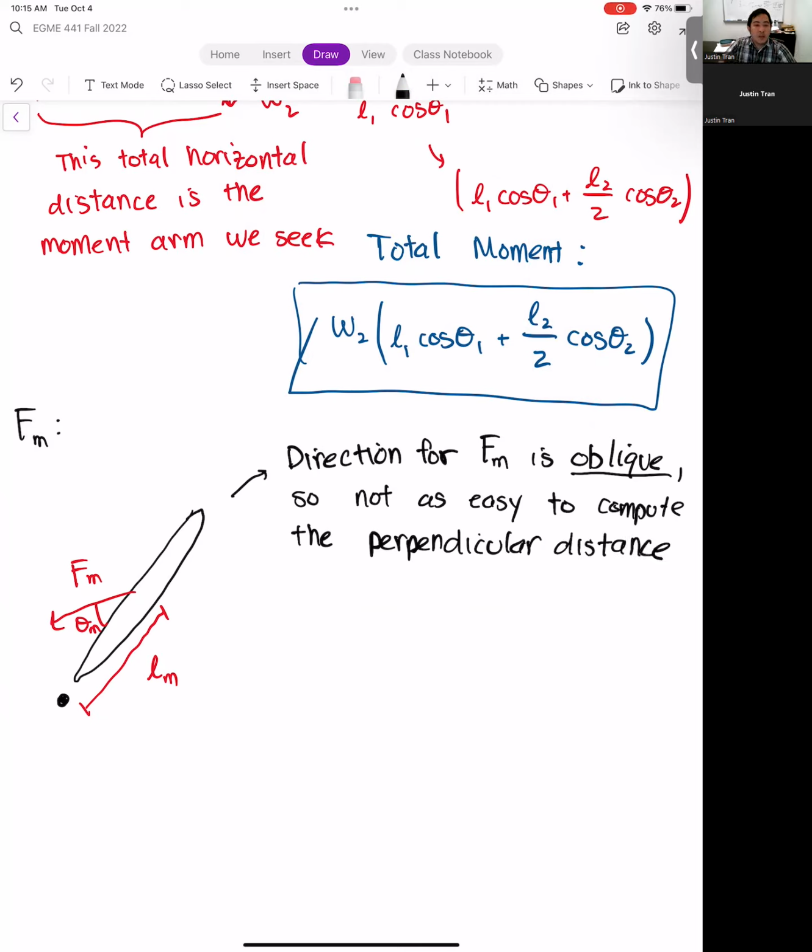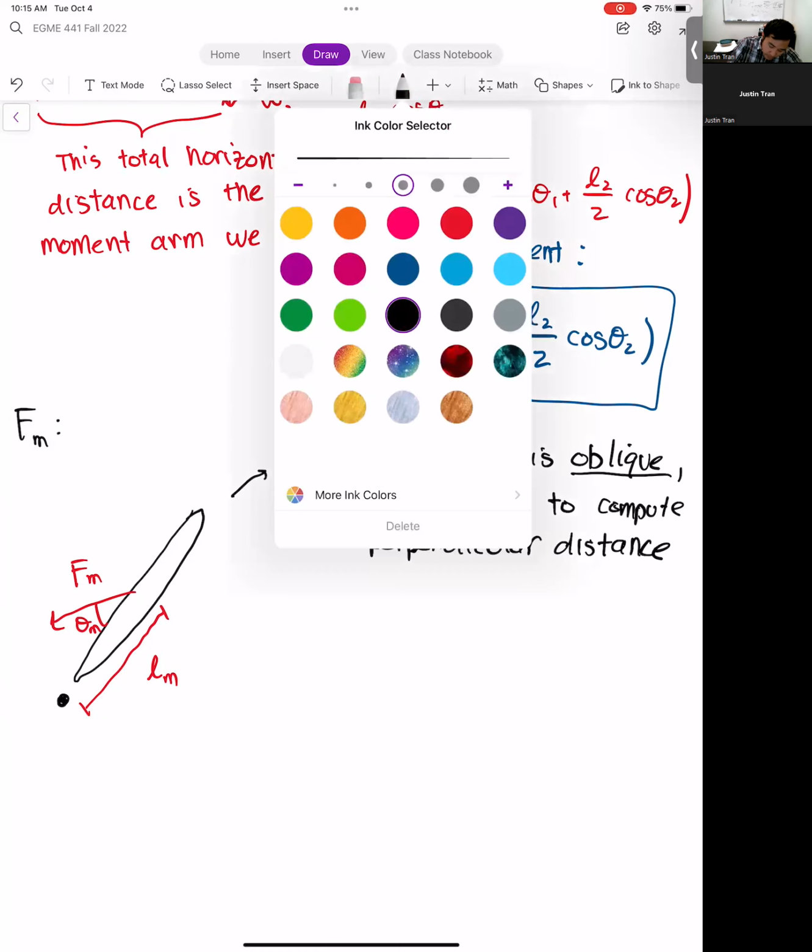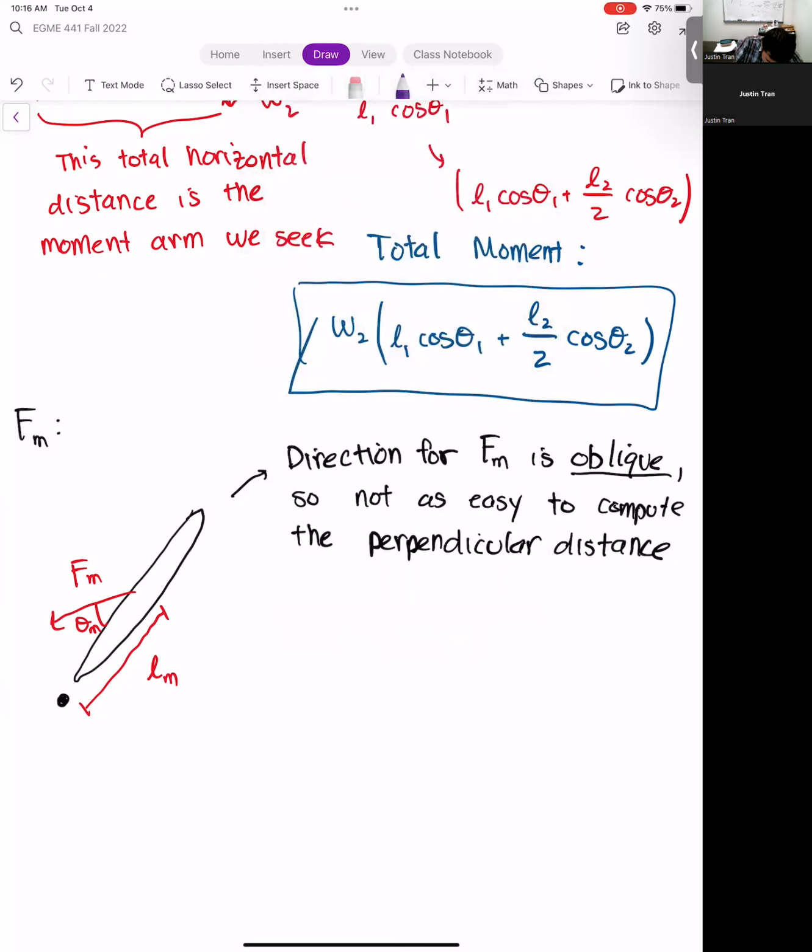If you were to follow the same logic as before, you would have to draw a triangle here. This is the triangle that you would compute, where this is a right angle, and you would have to compute the length of this side of the triangle.